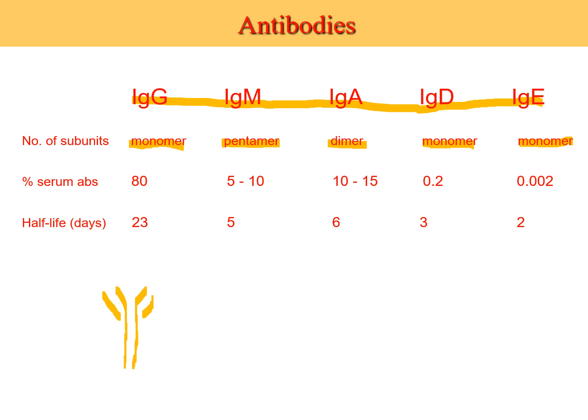If you look at all the serum antibodies, as you know, they're gamma globulins, and you find that 80% of them are IgG class. So IgG is the most common class of antibody molecule found. IgA are important. They are found in the serum.